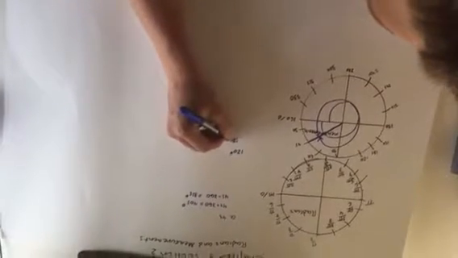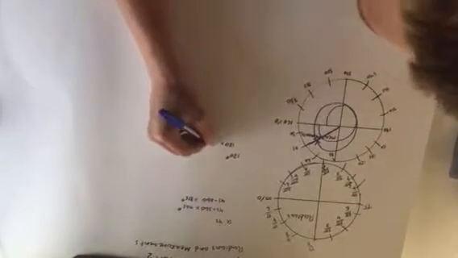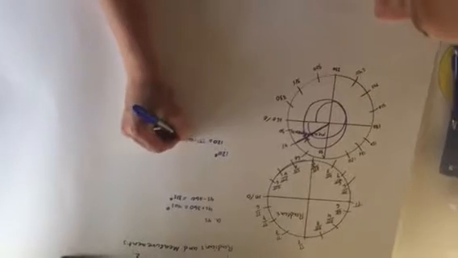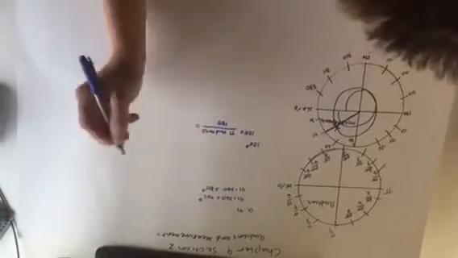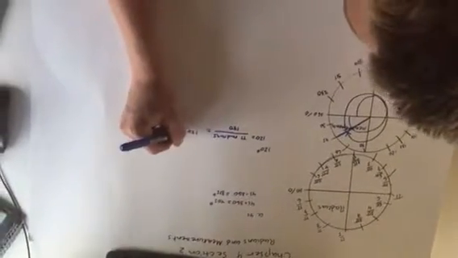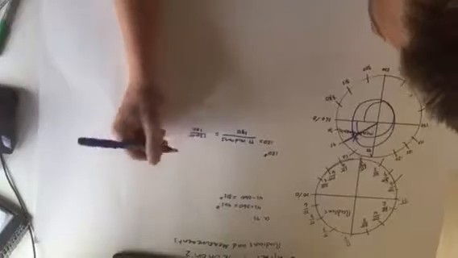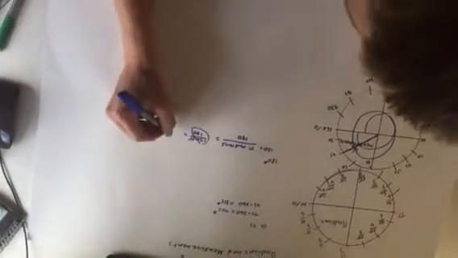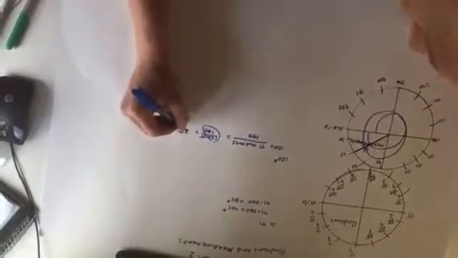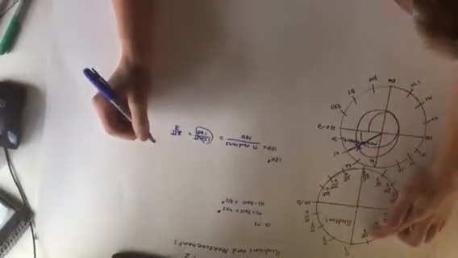You're going to write 120 times pi radians over 180. So that means 120 pi over 180. Divide these two numbers and you'll get 2 pi over 3, and that's the same as right here, which is 120 degrees. So it works out.